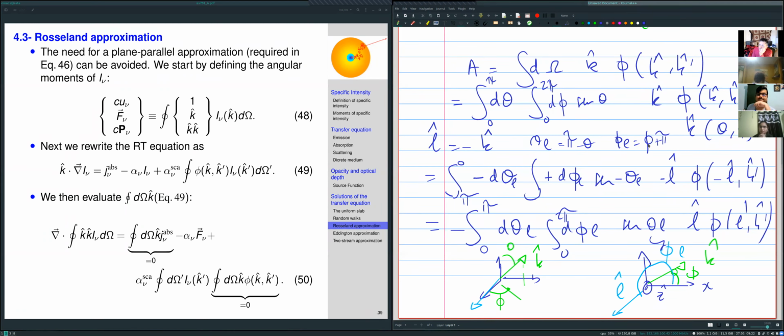If phi is 0, this is going to go from pi to 3 pi. And yeah, now it's taking shape, I think. I think it has taken shape.